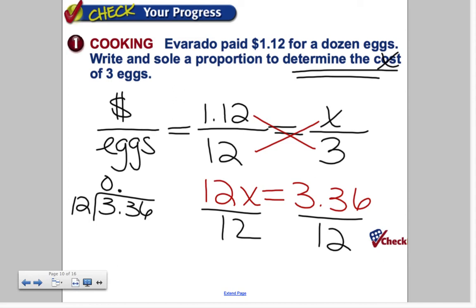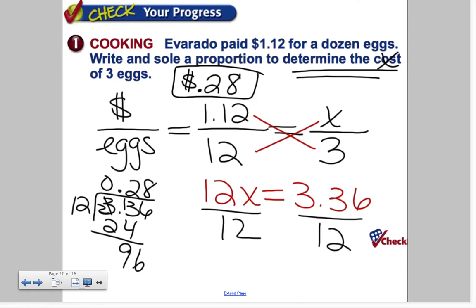So we got 12 goes into 33 how many times? 2 times. We got 24. And then we got 96. So how much for 3 eggs? 28 cents. That's not a lot. There's your X.